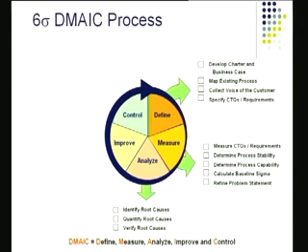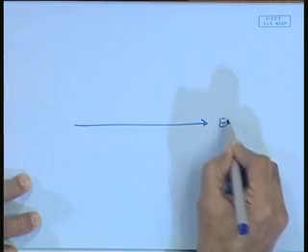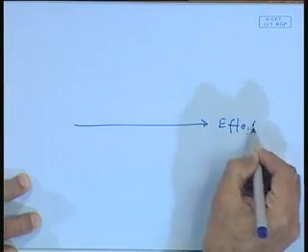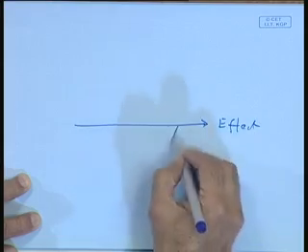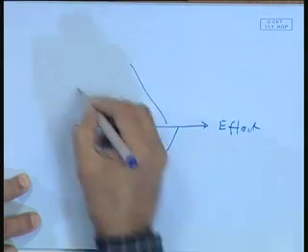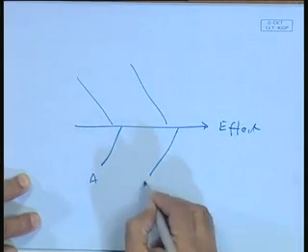So in analyze, basically we try to understand why this happens. And if you remember our tools, I'm going to show you that tool again. It's the cause and effect diagram. If I could quickly draw the diagram here, I have the effect here, and the effect is generally poor quality. This is caused by numerous different factors.